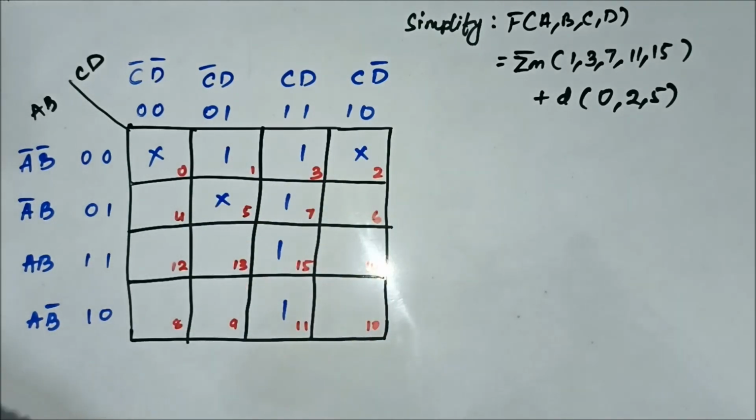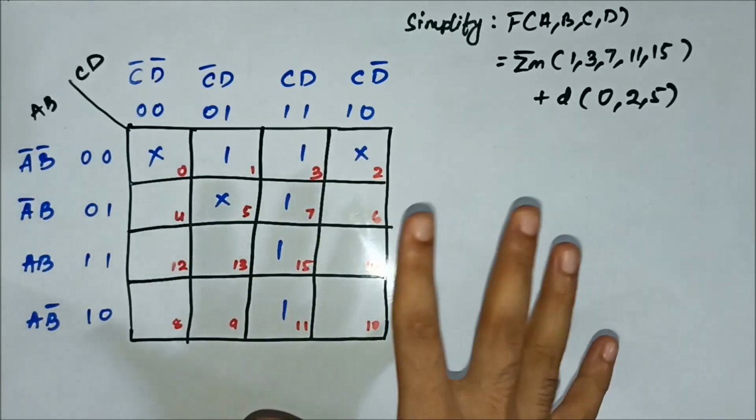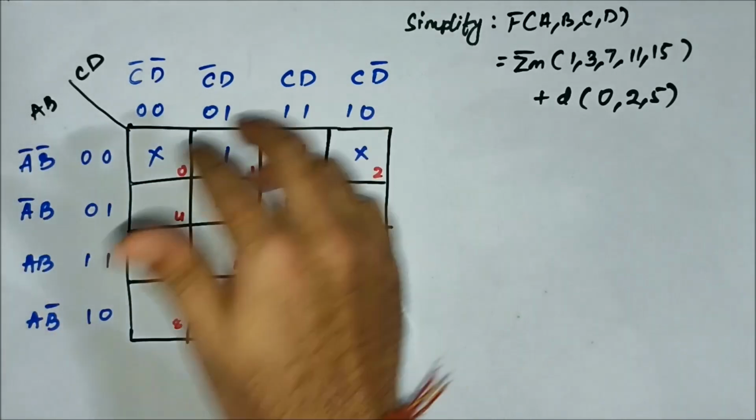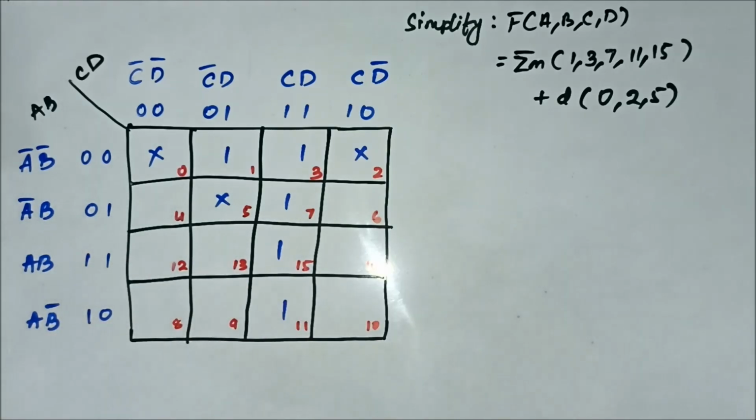Now we have to form groups such that all the 1 marked cells are covered. We can include the X marked cells, they assist in that, but it is necessary to cover the 1 marked cells.